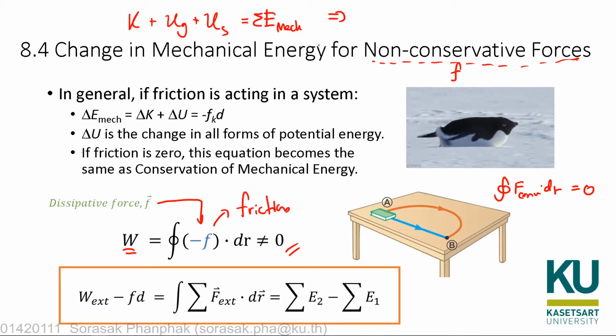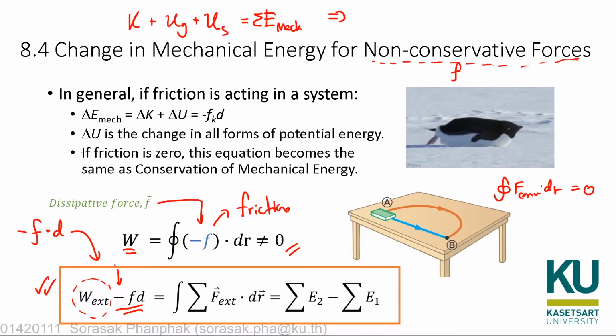If you consider a non-conservative force system like this, you have the external work, and you have to subtract the work done by the friction as well. This minus sign is due to the direction of friction being opposite to the direction of the displacement.